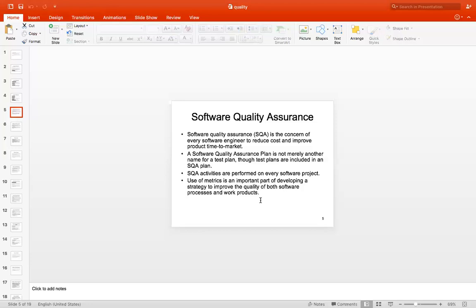We have metrics for the analysis model, metrics for the design model, metrics for source code, metrics for testing, and metrics for maintenance. Only if our project is meeting all these metrics can we say that we are assuring the quality of the software.